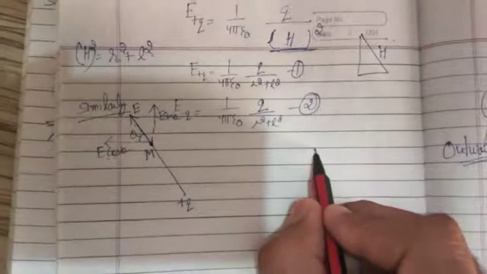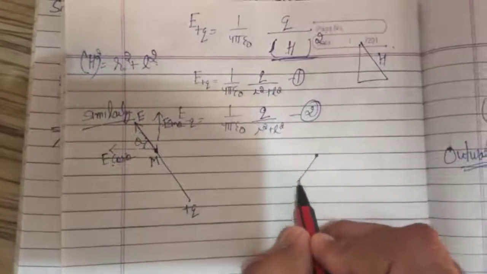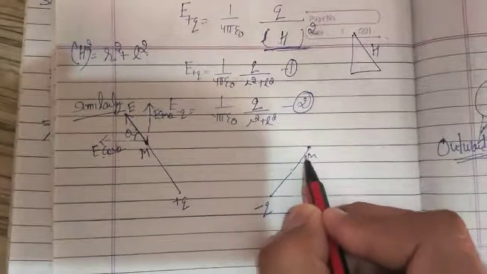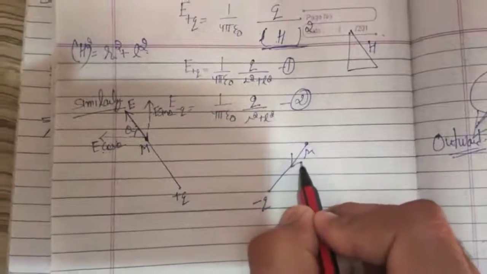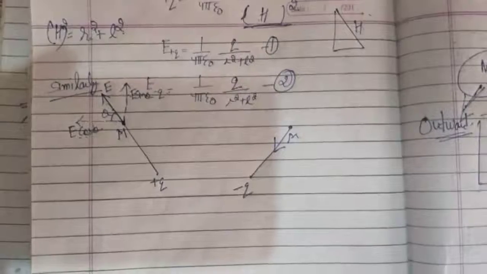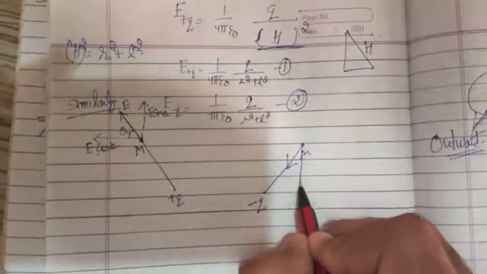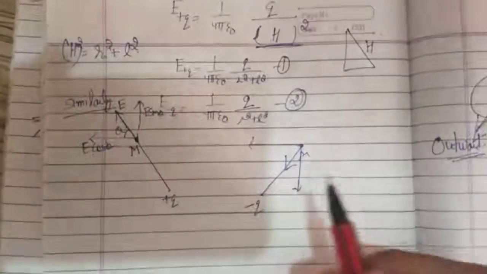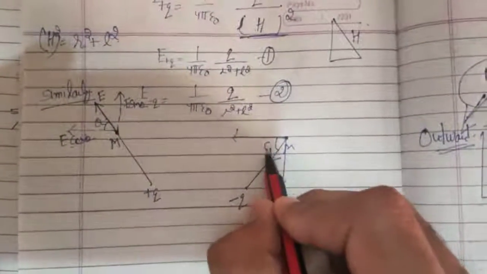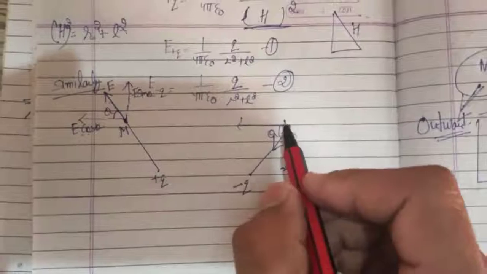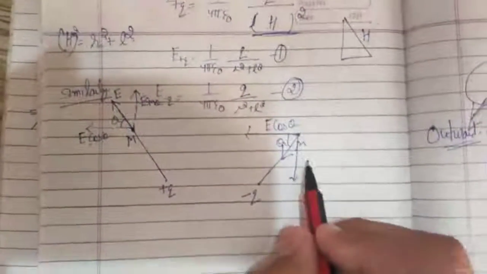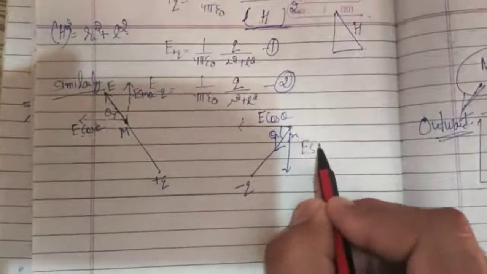Similarly, we will consider the minus Q case. Here it is M. It is acting in this direction, so we will consider two components, one here and one here. Suppose it is making the same theta with this; it will become E cos theta and E sin theta.